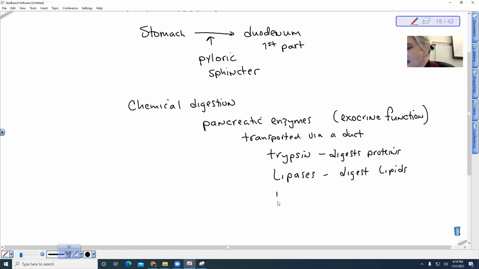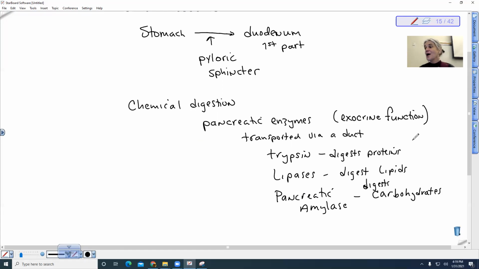We even have a pancreatic amylase, which breaks down maltose into glucose. So this would be carbohydrate digestion. So it digests carbohydrates like sugars. Remember, we did talk about salivary amylase. We also have pancreatic amylases.